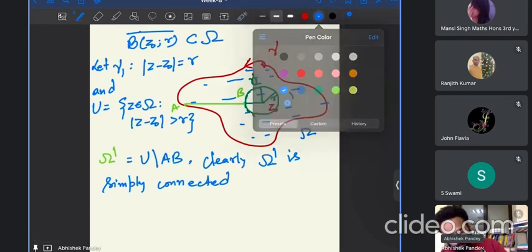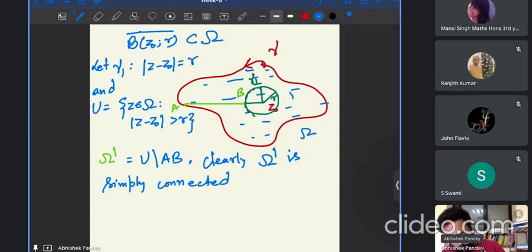So let us see what would be the boundary of omega dash. Let us define its direction.